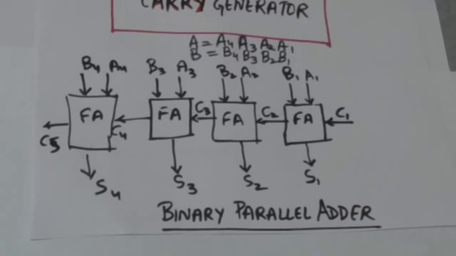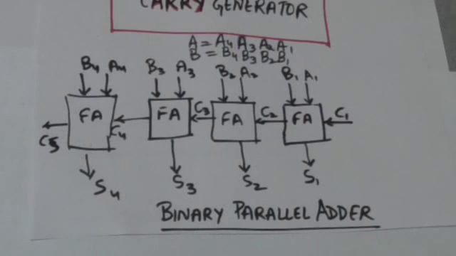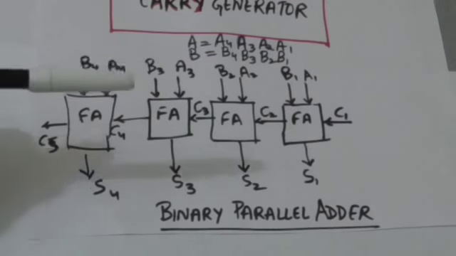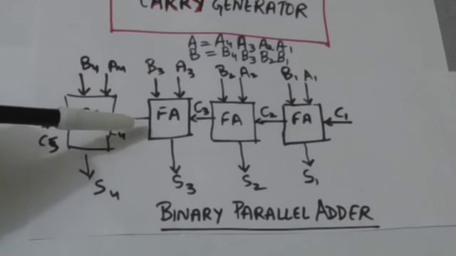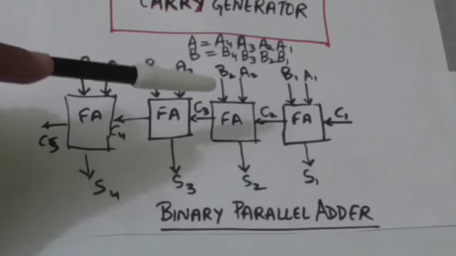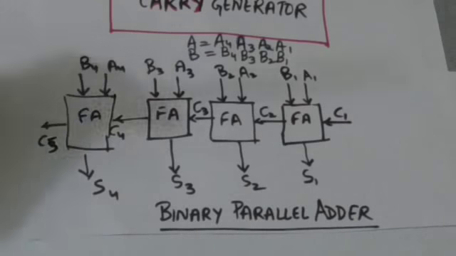Now to overcome this limitation, we will add some logic to the binary parallel adder so that C4 doesn't have to wait for C3 and C3 doesn't have to wait for C2. It means all carries C2, C3 and C4 are available at the same time.